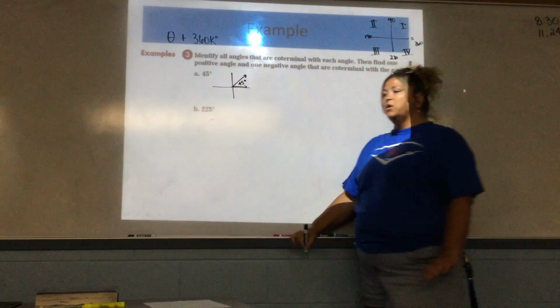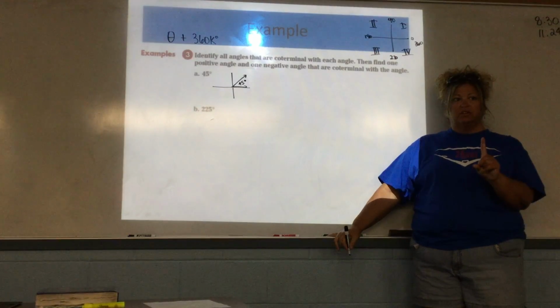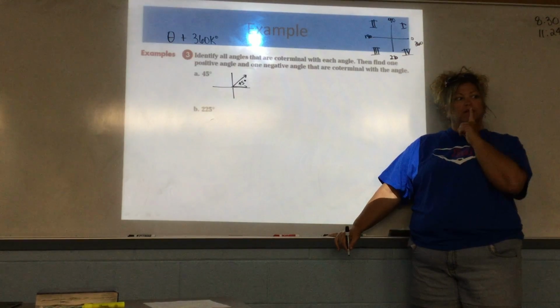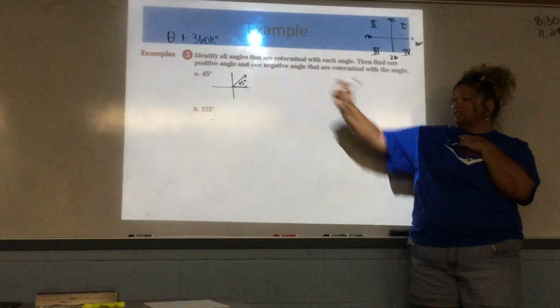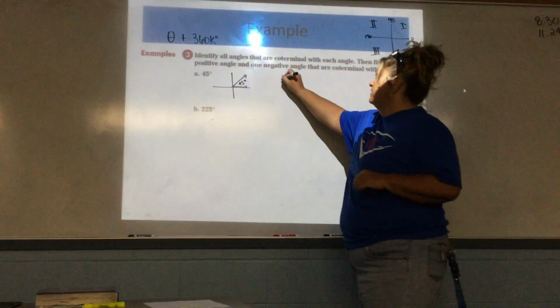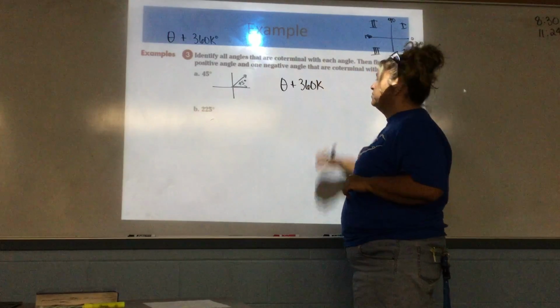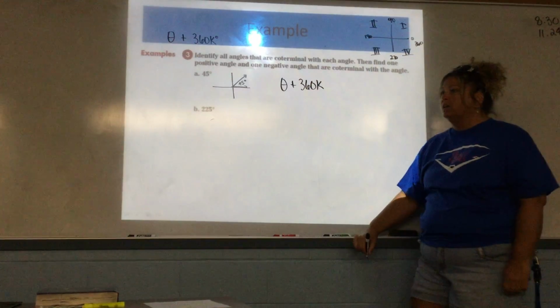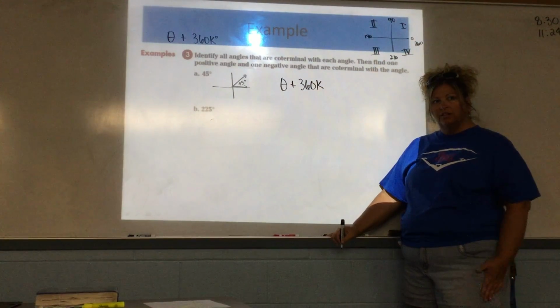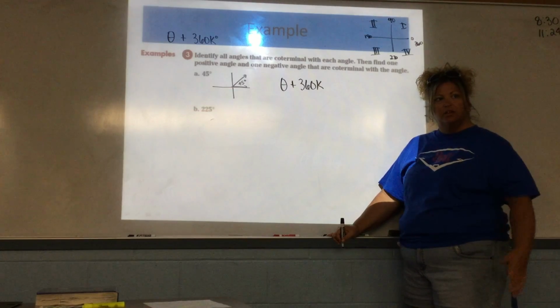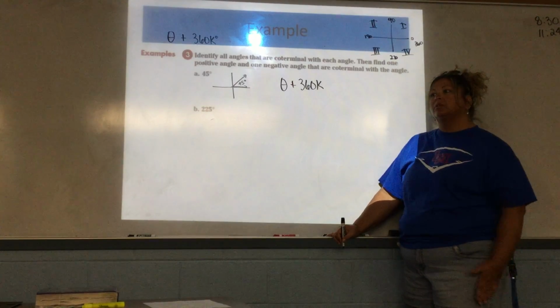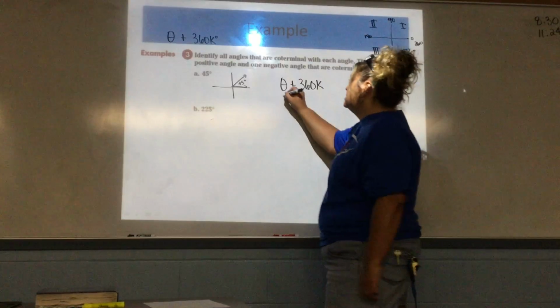I want one positive coterminal angle. Now, that is our formula, right? Theta plus 360K. I can pick K as anything I want. What's theta though? What is it in this problem? 45 degrees.